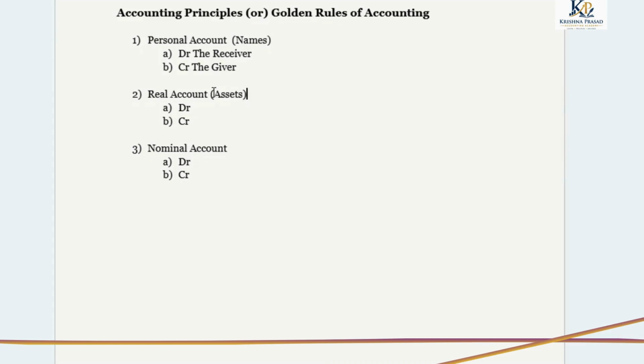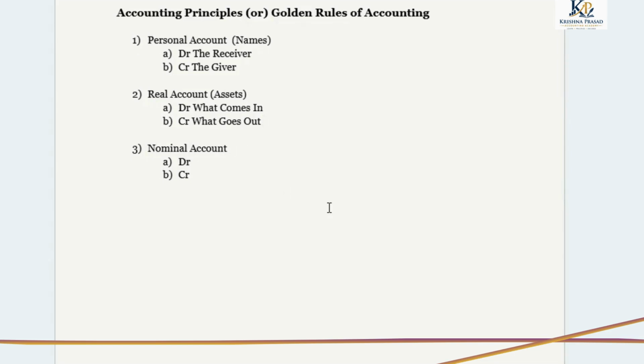Coming in and going out. The same accounting principle: debit what comes in and credit what goes out. Here also we can match with the dual aspect system. Receiving and giving, right? Comes in means we are receiving, goes out means giving. So again it comes with the principle.